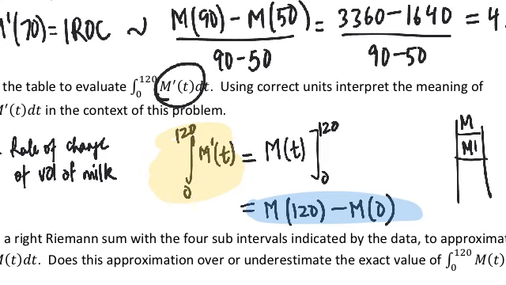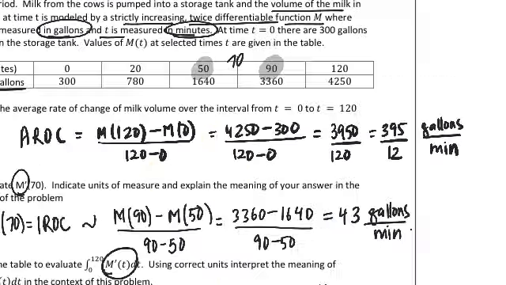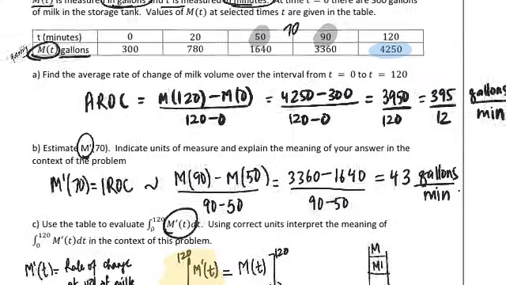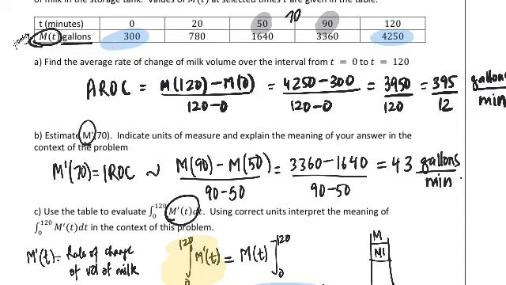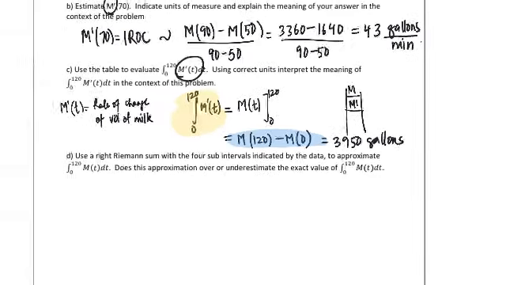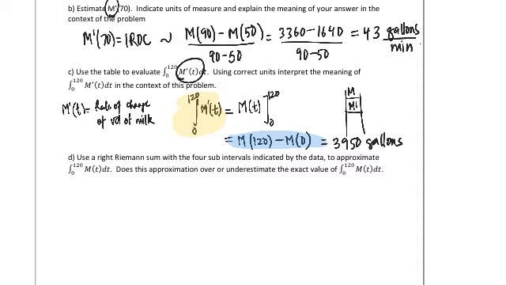The y value difference on the m curve is equal to the area under the m prime curve. So I just have to do 4250 minus 300 to get 3950, and 3950 gallons is going to be my integral from 0 to 120 under m prime, and the units are gallons.